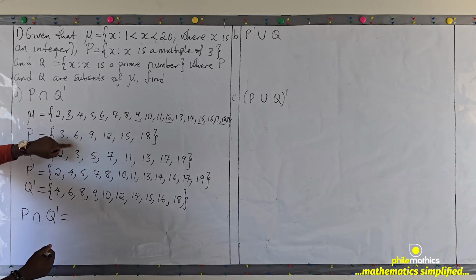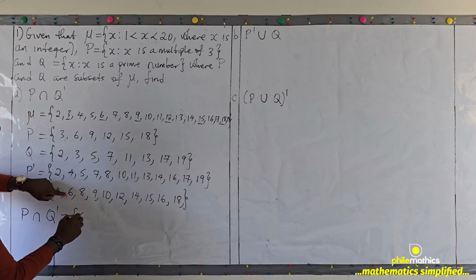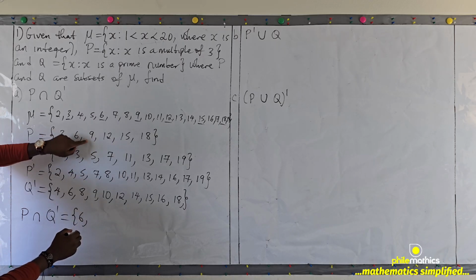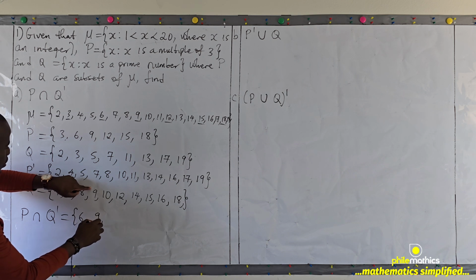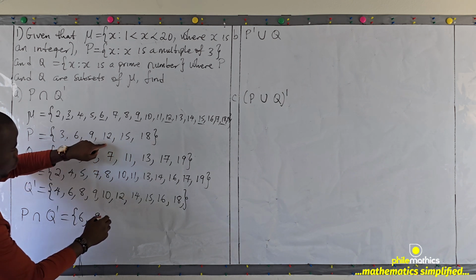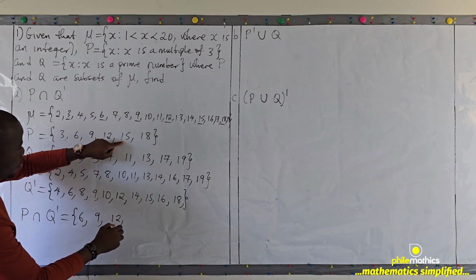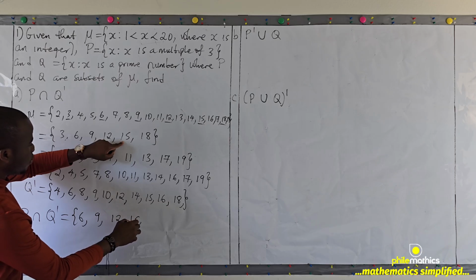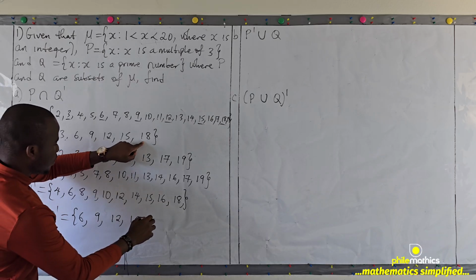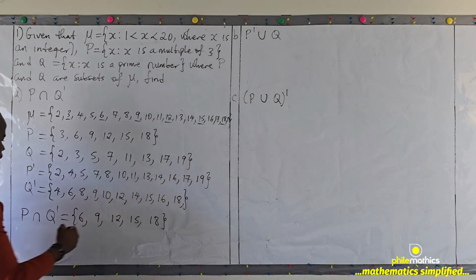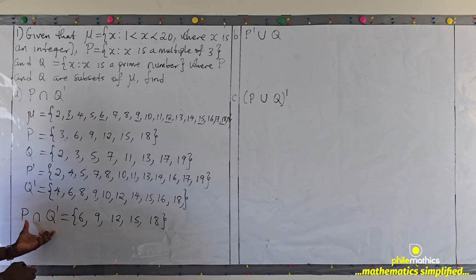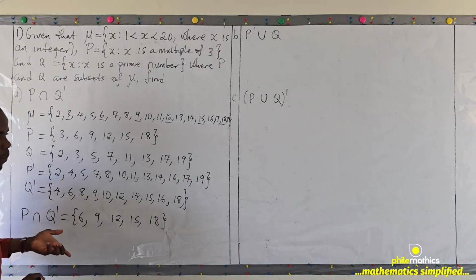There's 3, no, 6. So we have 6, we have 9, we have 12, we have 15, and we have 18. So these are p intersection q prime.